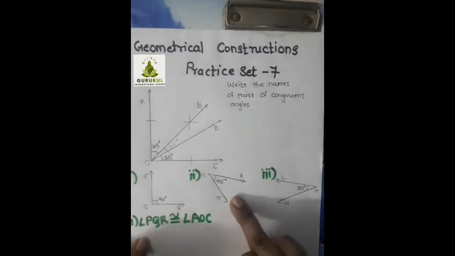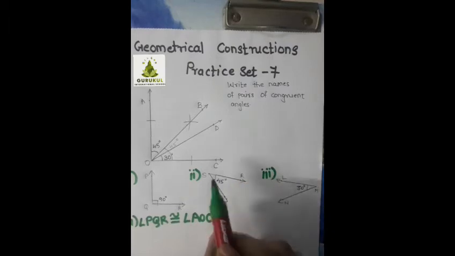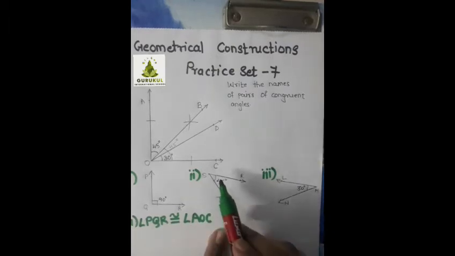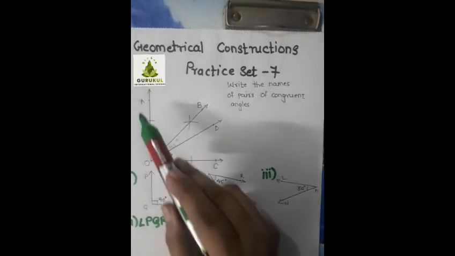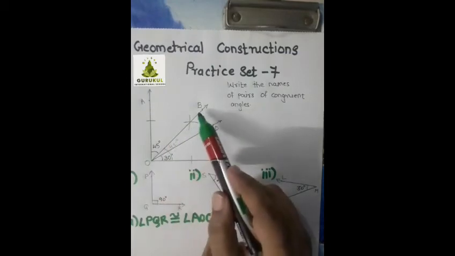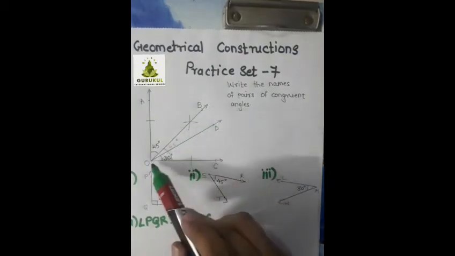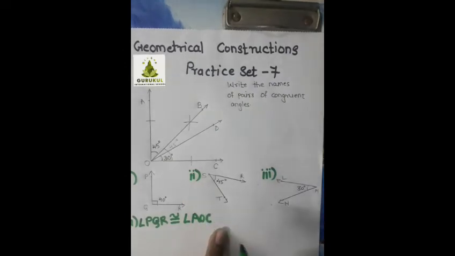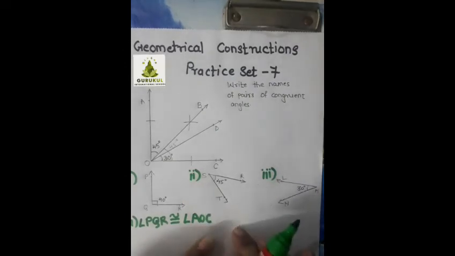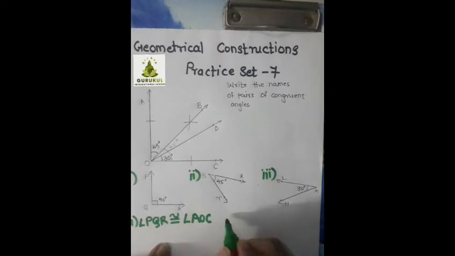Second figure is angle RST. How much is it? It is 45 degrees. So, here we have two angles, this angle AOB and this angle BOC. Both are 45 degrees. So, any one name we can write for the second figure.